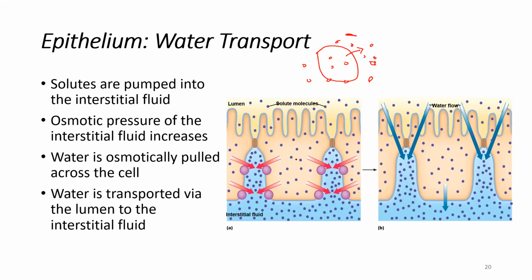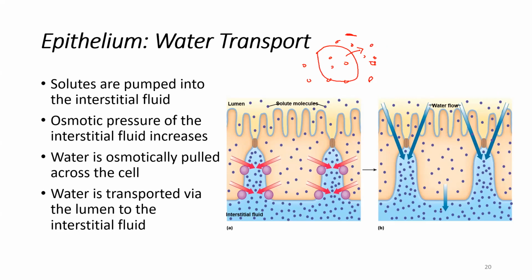We just created a gradient by simply pumping solutes into this interstitial fluid space. And so we've now created the gradient where water can flow from high water concentration in the lumen right across the cell to low water concentration, which is in our interstitial fluid space.